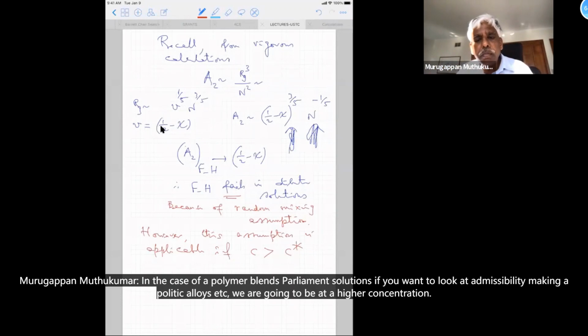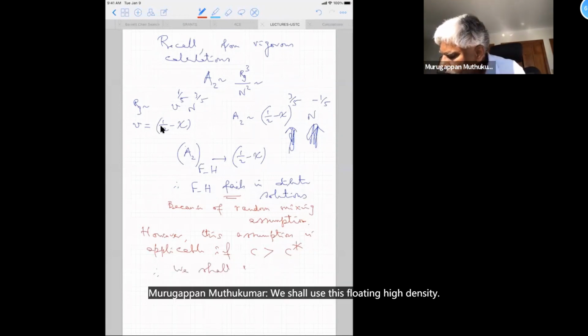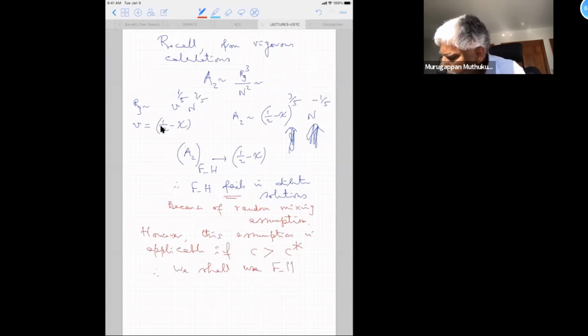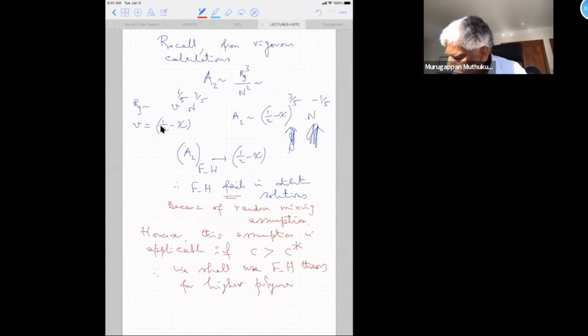In the case of polymer blends, polymer solutions, if you want to look at miscibility, making polymeric alloys, etc., we are going to be at a higher concentration of the polymer. That is what is practically interesting. Under those circumstances, it's okay to use the Flory-Huggins theory. Therefore, we shall use Flory-Huggins theory for higher polymer concentrations, then it's okay to use.